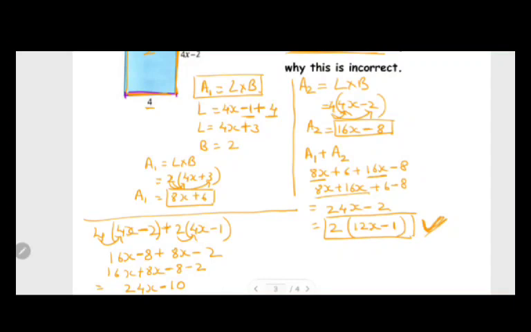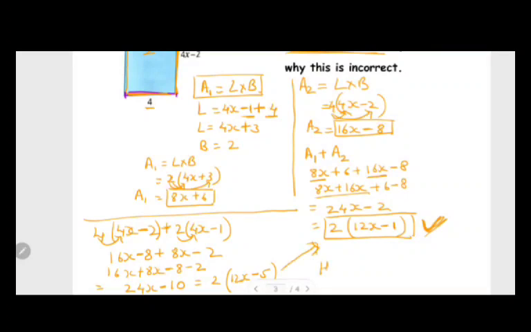If I factorize this, I will have 2 on the outside, 12x minus 5. This is definitely not the area.